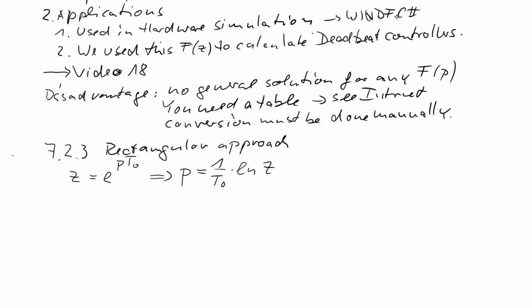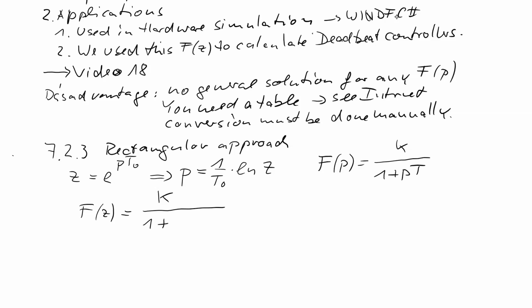And for example, if you put this p into your analog filter transfer function, for example our PT1, what happens? You get an f of z. F of z is k divided by 1 plus, and now p is time constant divided by sampling time multiplied with the logarithmic function of z.